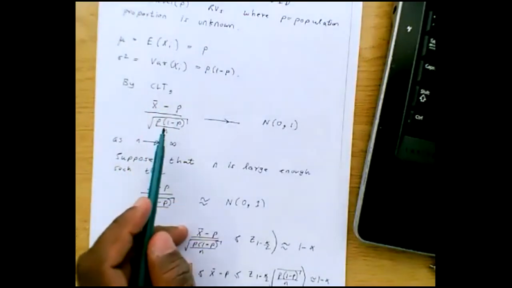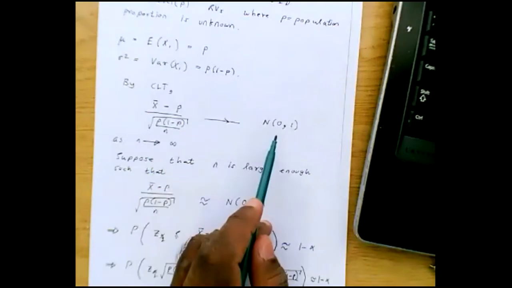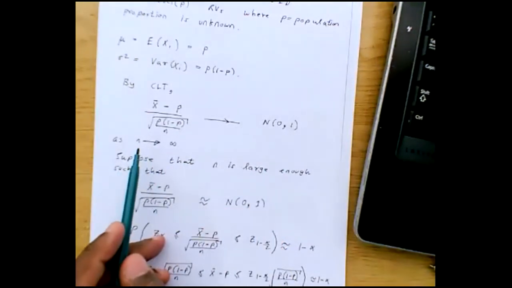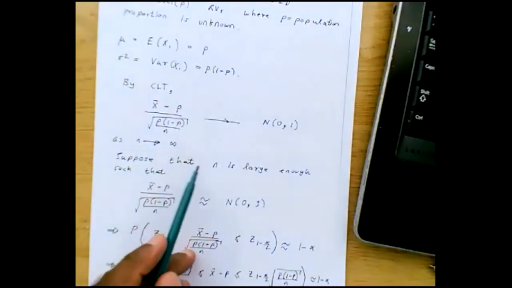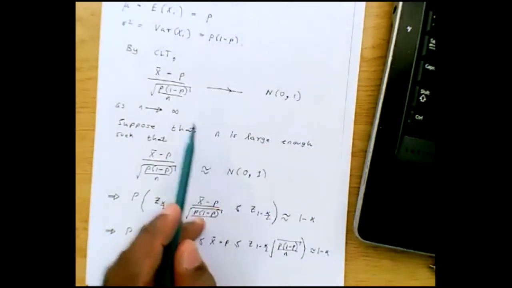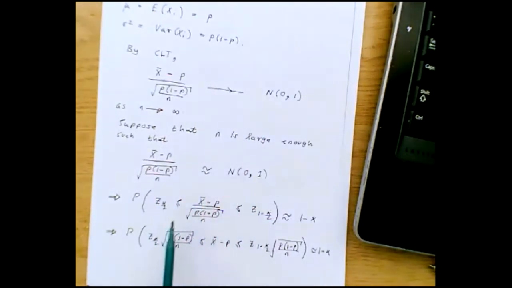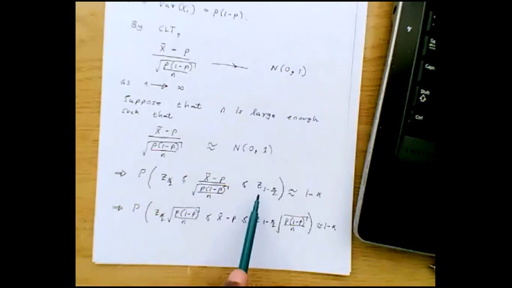So by the central limit theorem, which we talked about some time ago, this should approach the standard normal as n goes to infinity. Now, suppose n, the sample size, is large enough so that this is approximately equal to this. You get this statement. And from this statement, you get this. And from this statement, you get this.